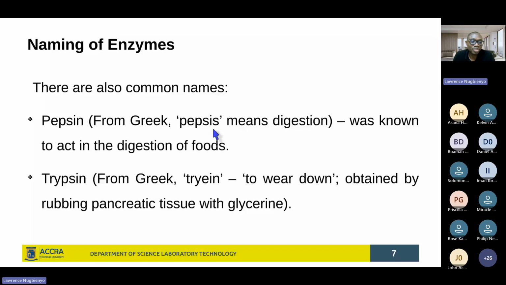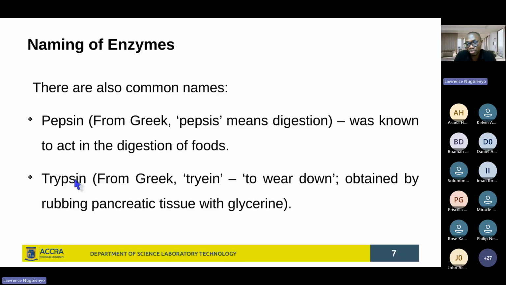Then you have another one, trypsin. Trypsin too is a common name, also one of the first enzymes to be extracted. This time around, it was extracted by rubbing glycerol on pancreatic tissue, to extract the protein, trypsin, into the glycerol.